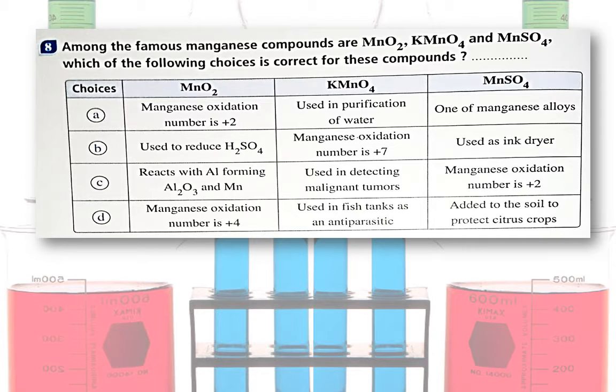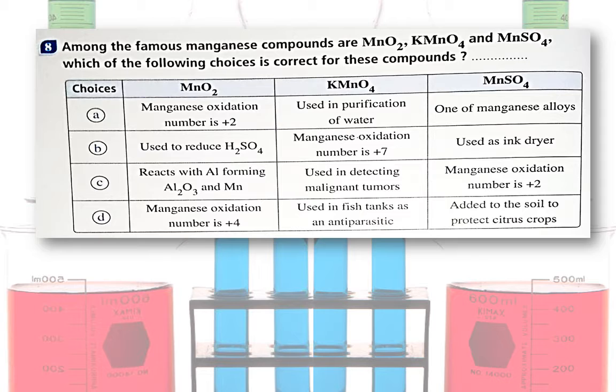Another question here. Among the famous manganese compounds are MnO2, KMnO4, potassium permanganate, manganese sulfate MnSO4, and manganese oxide MnO2. Which of the following choices is correct for these compounds? We have different choices about each one.